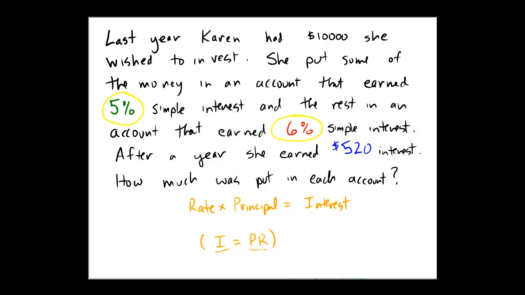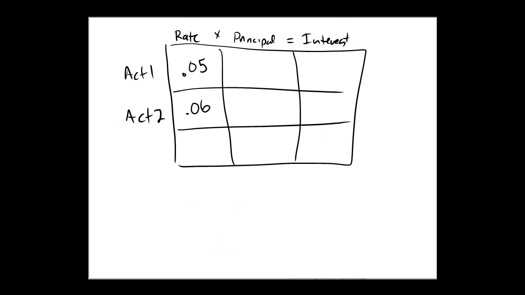Money, principal. How much principal money is there? It looks like $10,000. But it's split into the two different accounts and we don't know how much is in each. So in the chart, in the first account we don't know how much is in there, so we'll put x many dollars.